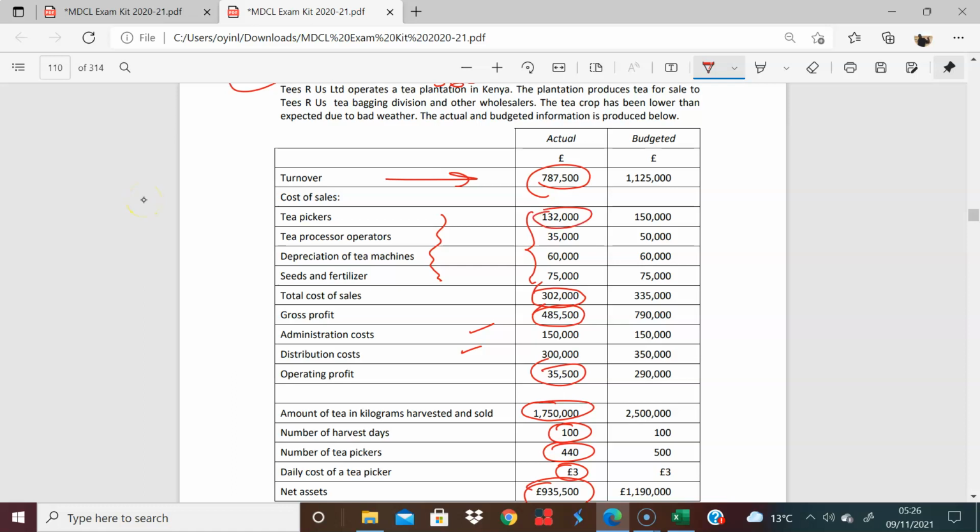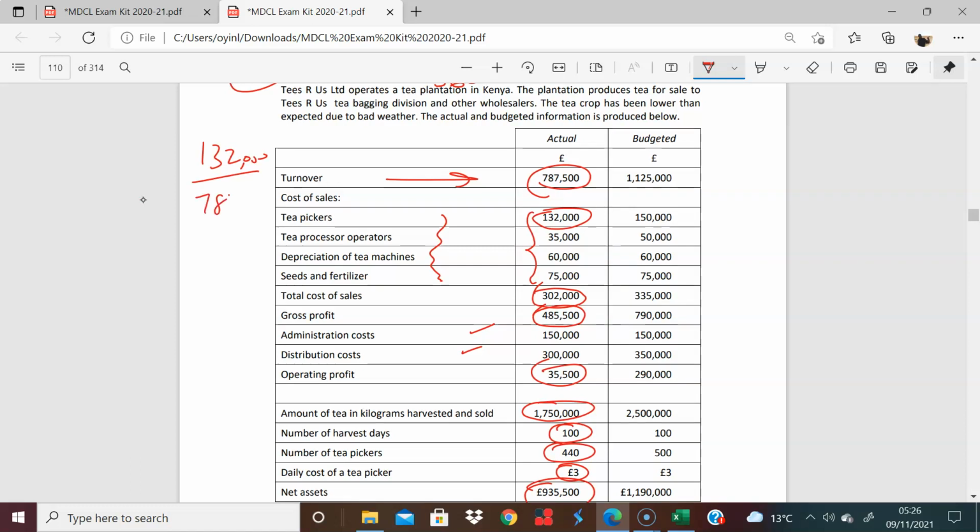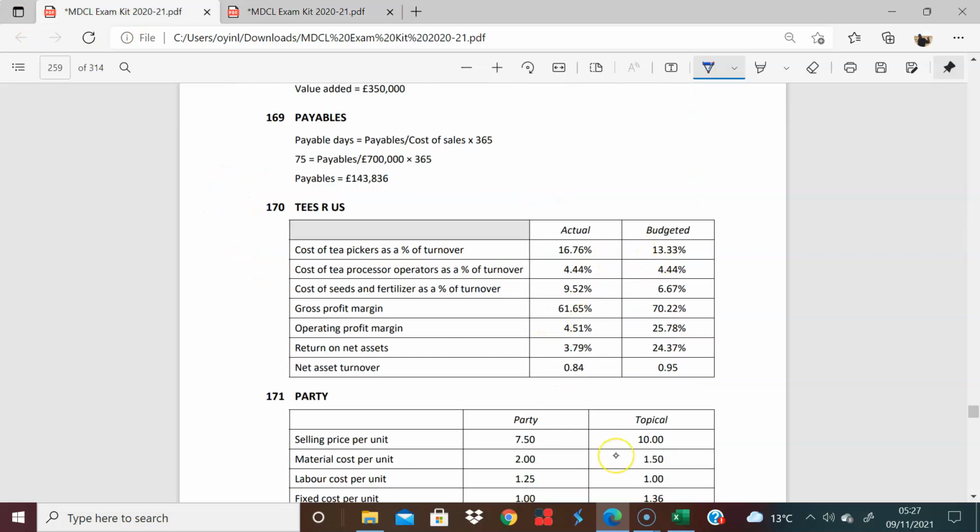You're literally lifting, if you're doing that for both, 132,000 divided by 787,500, is what you're doing. So I'm just doing a few, 0.167, and you would literally repeat that across here. If you look at the answers here, you can see you have 16.76% and 13.33.